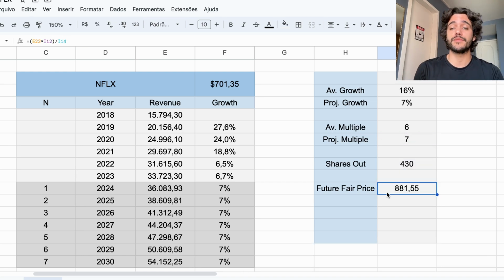So according to these premises, the fair price for Netflix stock in 7 years should be $881. Okay, great, but the question now is, what should I do with this information? Until now, I only know that according to these premises, the fair price for Netflix stock in 7 years should be higher than what it is today.